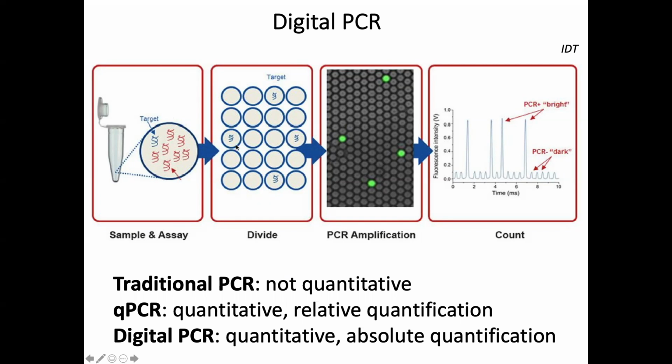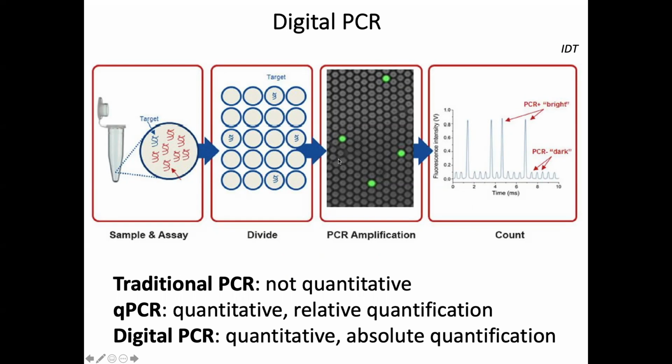Then the PCR amplification will occur within these small reactions. After the reaction is done, the machine will count how many small reactions have a DNA template, which show these bright signals over here, while reactions with no template show as dark, no signal, okay?